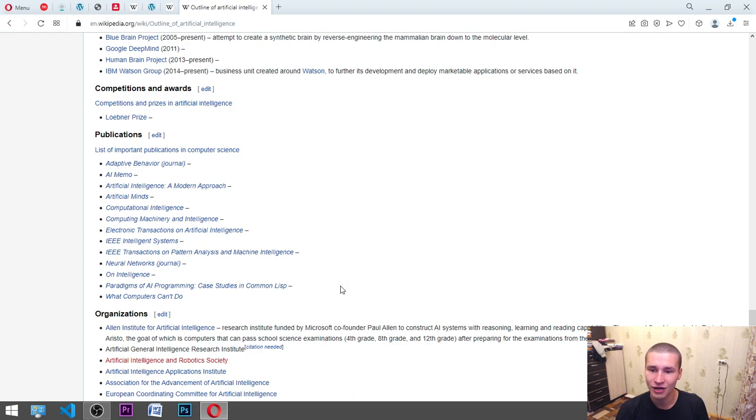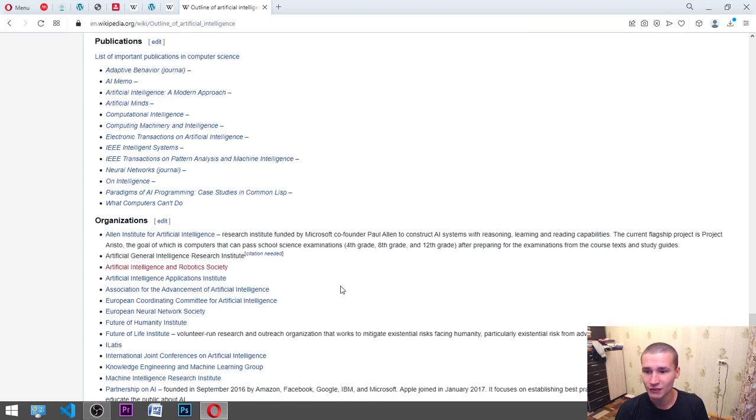of AI Programming: Case Studies in Common Lisp, What Computers Can't Do.